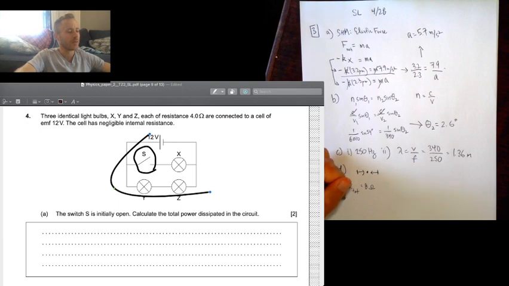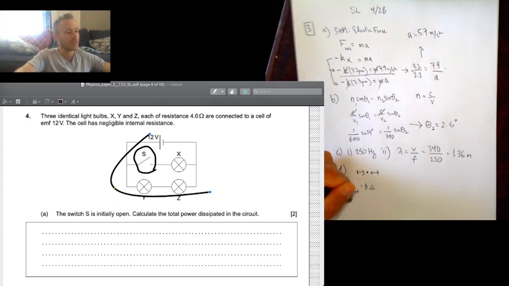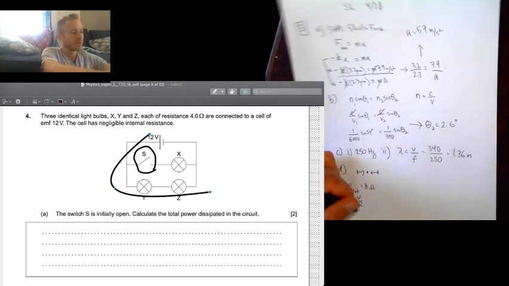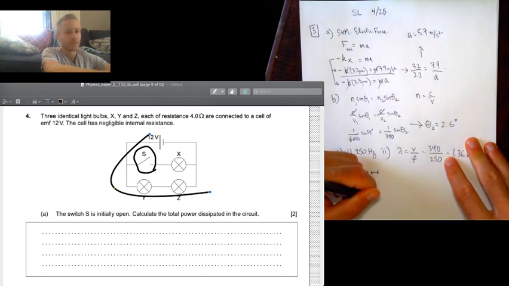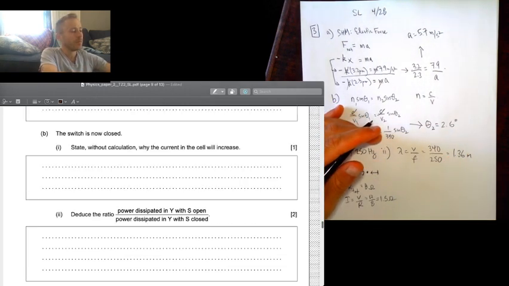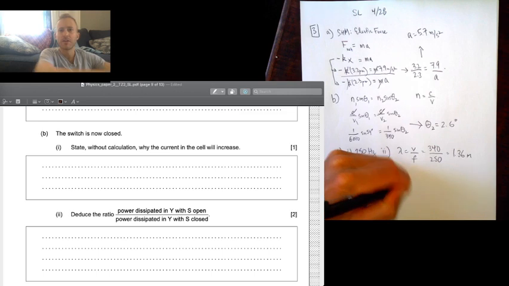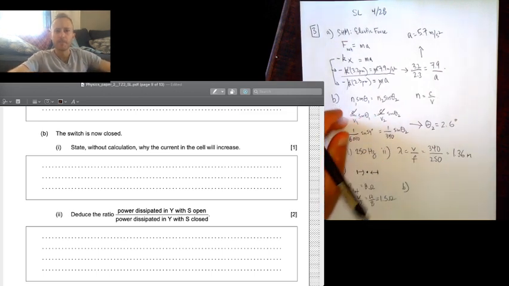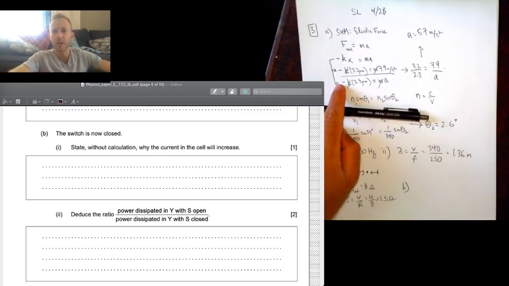And then you have I equals V over R, which equals 12 over 8. So that would be 1.5 amps in that case. B says the switch is now closed. State without calculation why the current in the cell will increase.